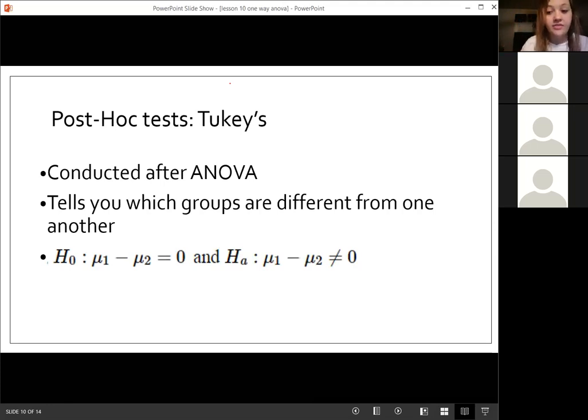You could just do this on Minitab. You can look at the online review notes, which go step by step through it. But yes, you conduct this after ANOVA just to find specifically which groups are different from one another if you found that they are different in general.